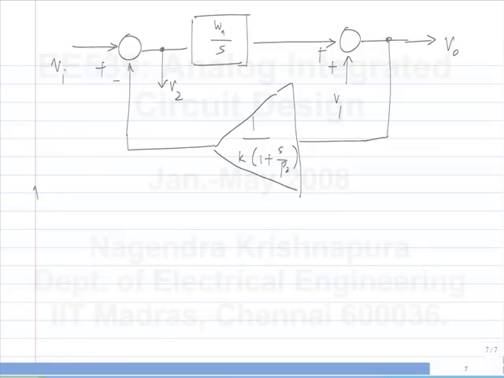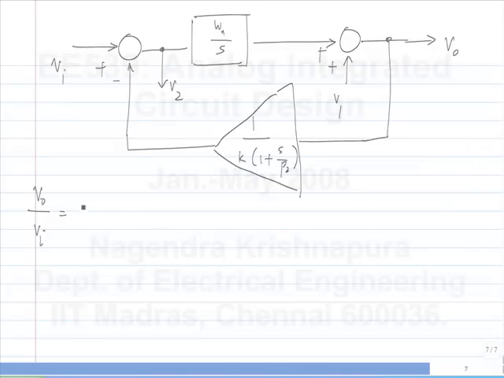So what is V0 by Vi? What is the general form of the gain of the transfer function of a feedback system? G by 1 plus GH, where G is the forward path gain and GH is the loop gain.